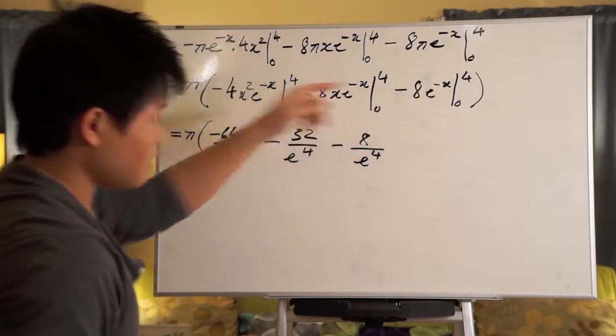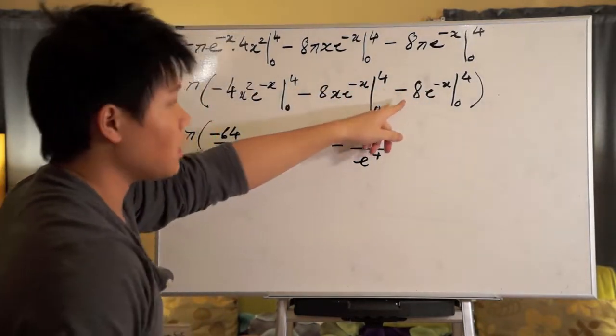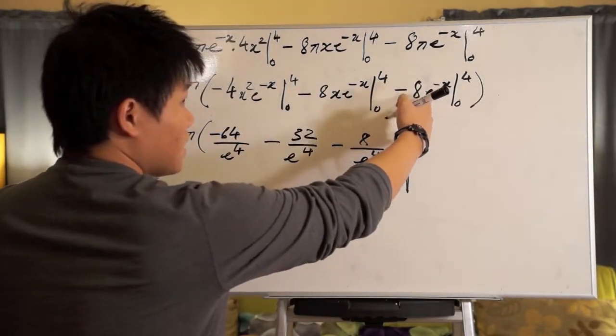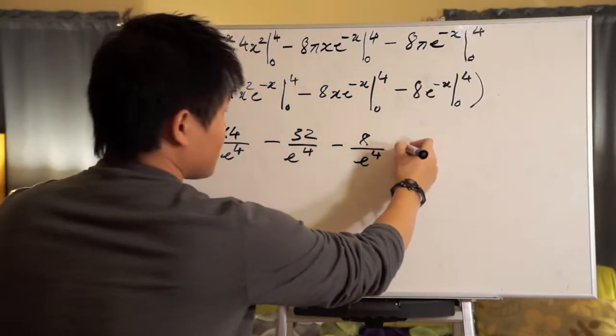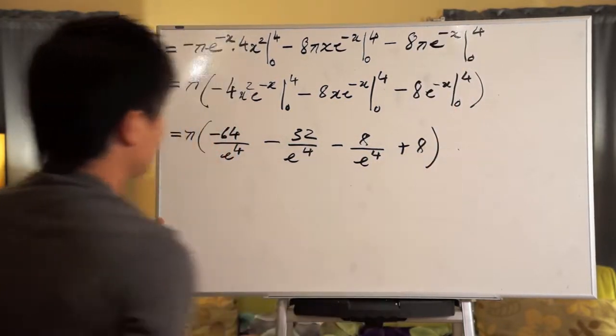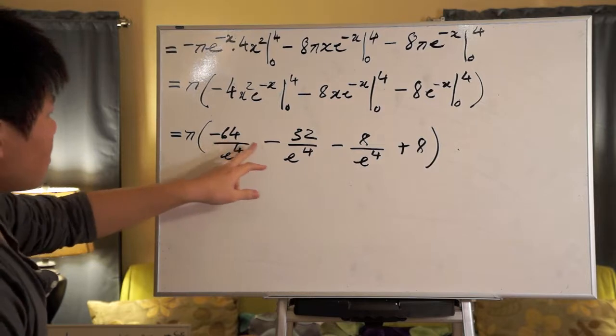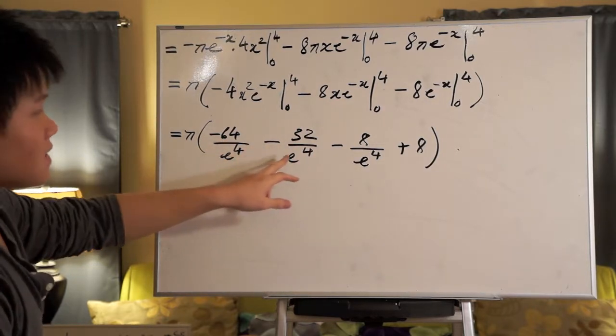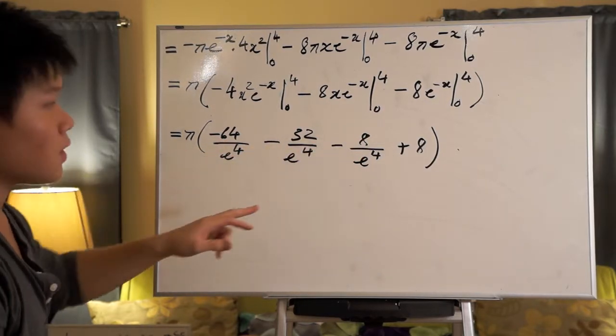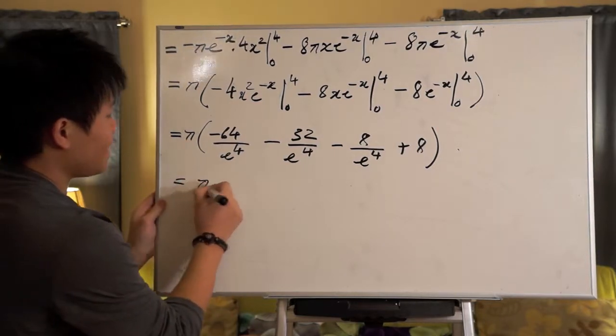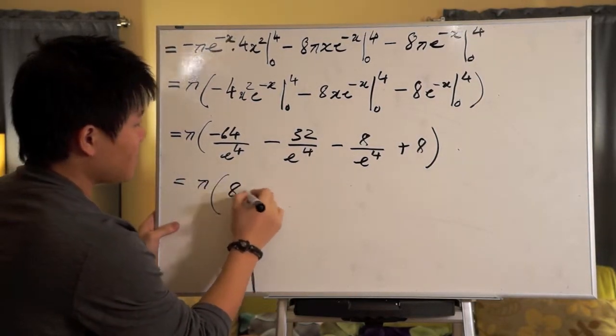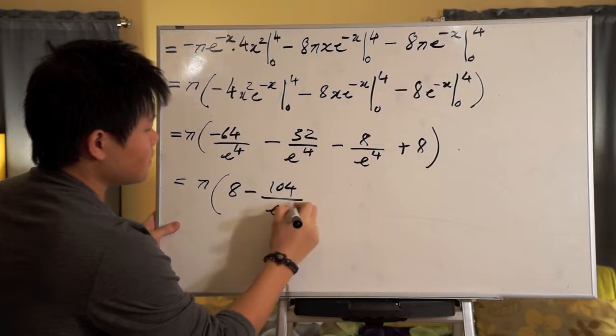Plug in 0 there, minus, that's a plus. e to the minus 0 is 1, so plus 8. Minus 64 minus 32, that's minus 96. Minus 96 and 8 is minus 104. So pi times 8 minus 104 over e to the 4th.